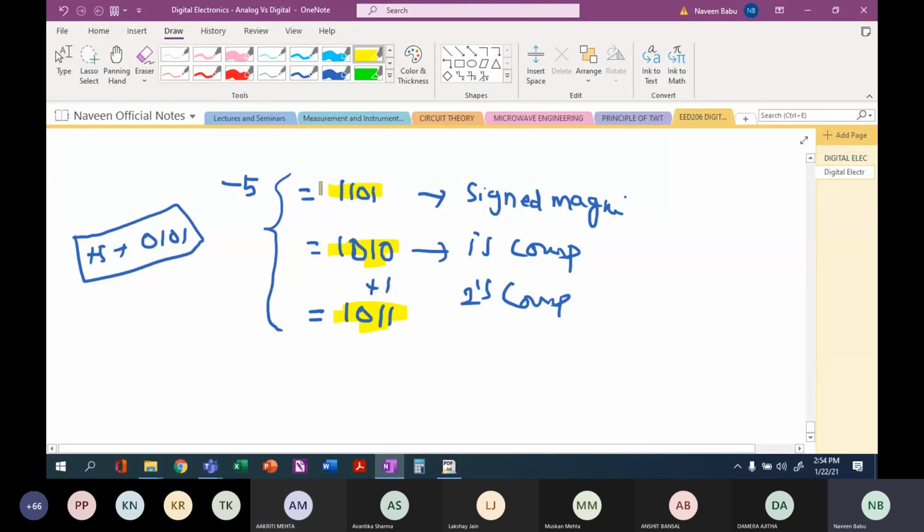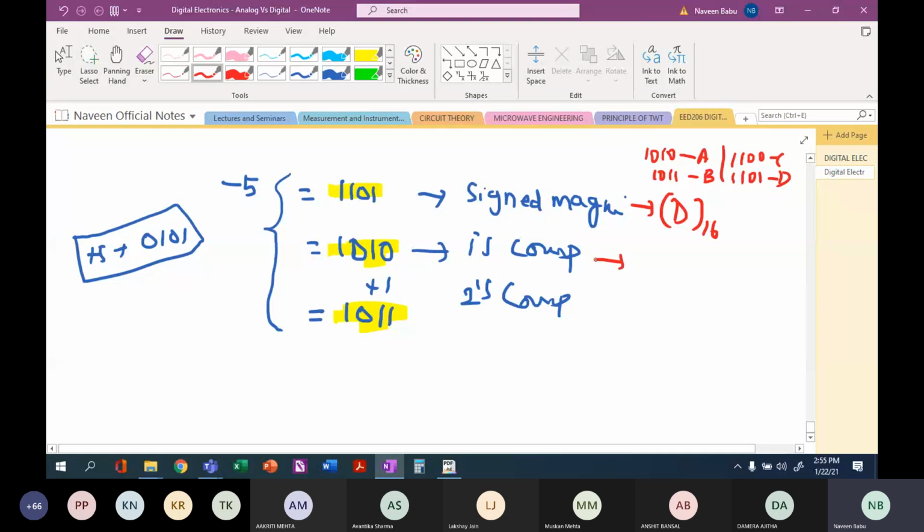In case of a 4-bit representation, in terms of hexa, what is 1101 in hexadecimal? 1010 is A, 1011 is B, 1100 is C, 1101 is D. So in signed magnitude representation, minus 5 is represented as D to the base 16.